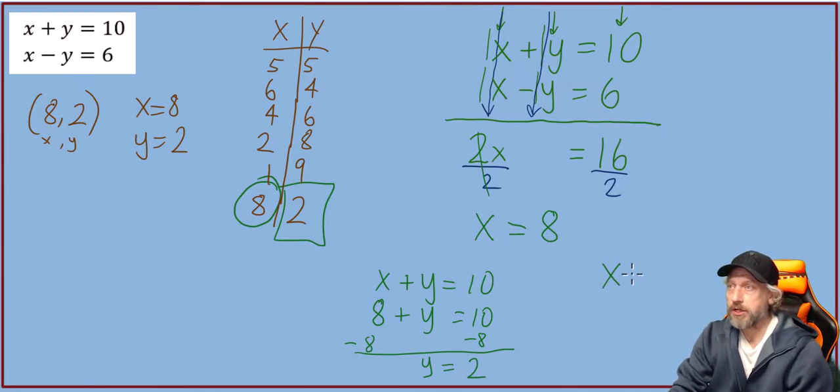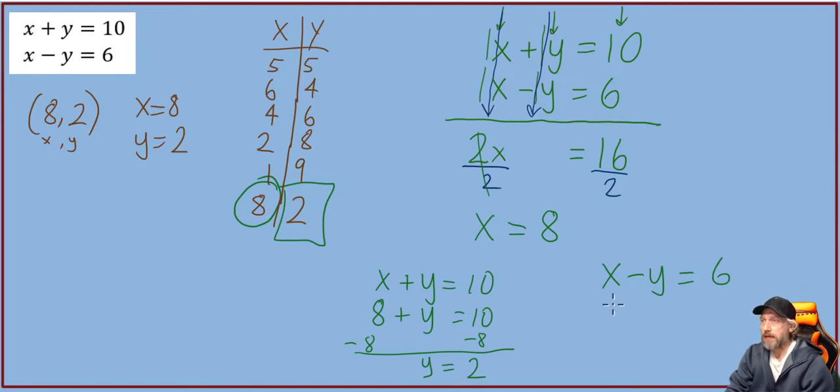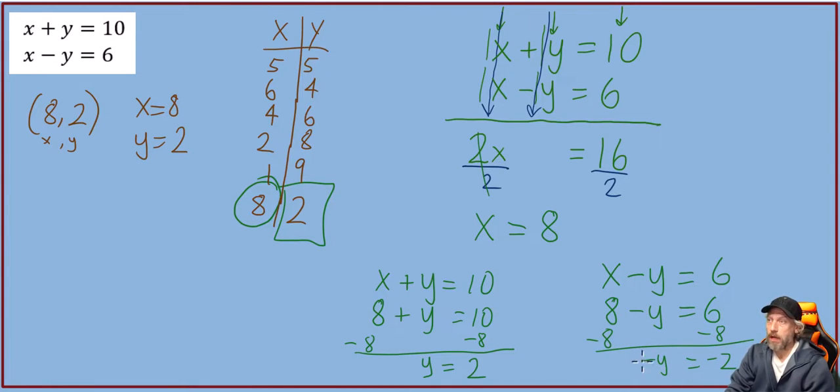And if we were to use the other equation, x minus y equals 6, when x equals 8, we have 8 minus y equals 6. And we can maybe see that y equals 2 to make this equation true, or we could solve it with any of our steps that we've been using so far. There are several options that I see, but any of them, if we do things correctly on the right path, we'll get to y equals positive 2.